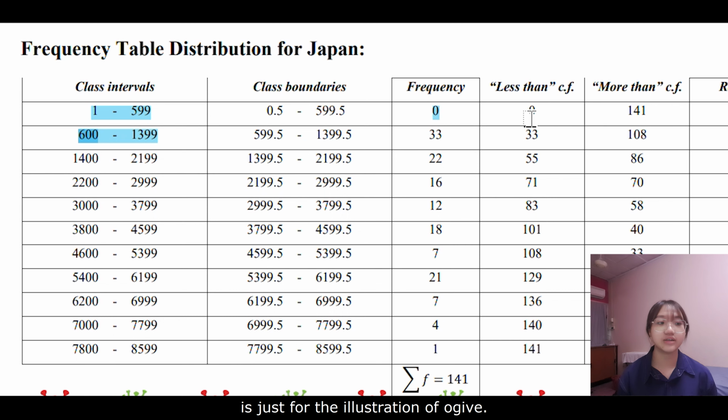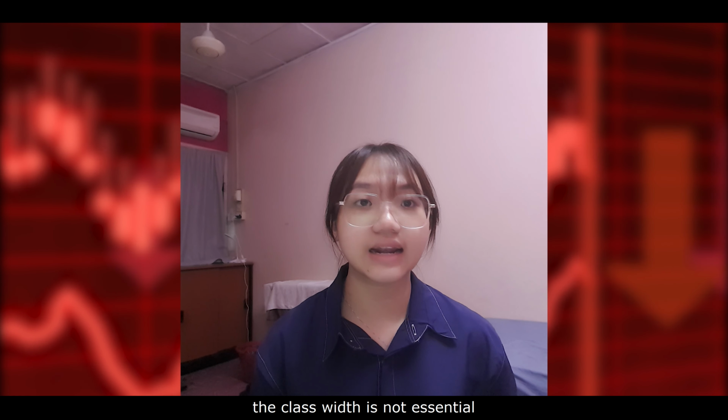Bear in mind the class interval from 1 case up to 599 cases is just for the illustration of the ogive. Therefore, this class is not essential as it would not affect the calculation for central tendency and dispersion.